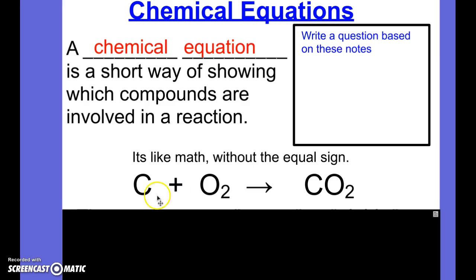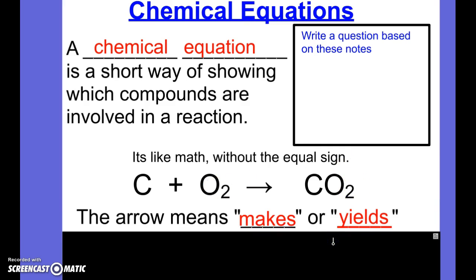And when you're writing a chemical formula, it's kind of like a math equation, but it doesn't have an equal sign. That is because carbon plus 2 atoms of oxygen would not equal carbon dioxide. It's not the same thing. Instead, carbon plus 2 atoms of oxygen, if there was a chemical reaction, and it formed carbon dioxide, these 2 atoms make that.